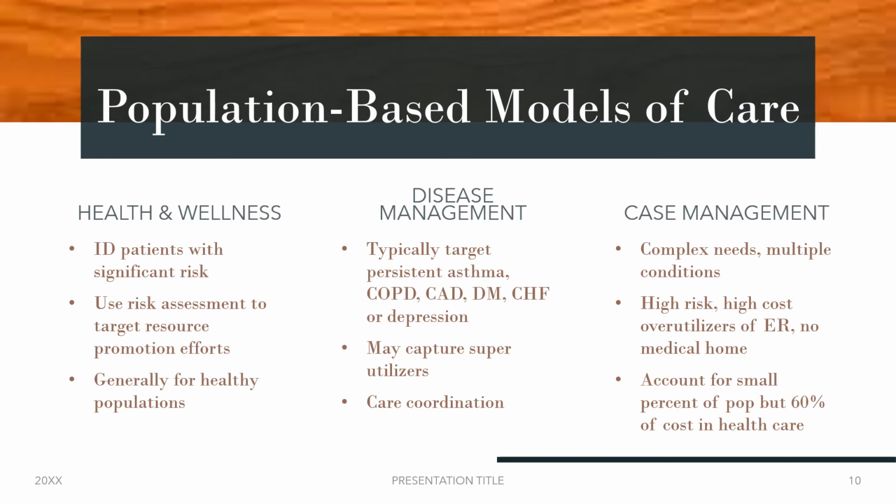And these are a small percent of the population, but they account for 60% of healthcare costs. So it's of great value to focus efforts on these folks so that they can be diverted into care coordination, prevention, and management programs.